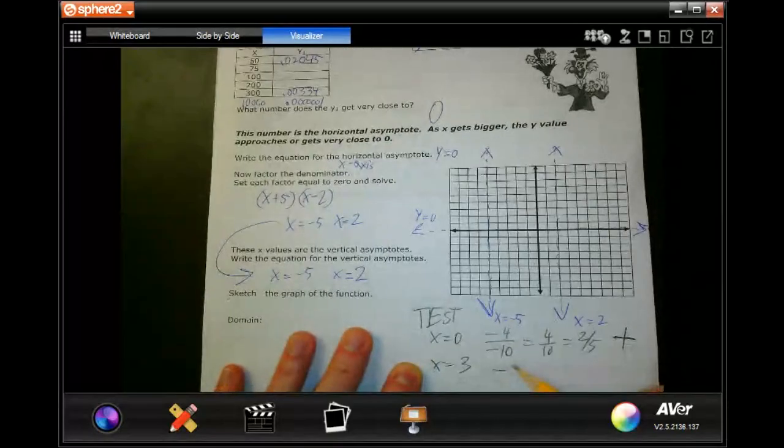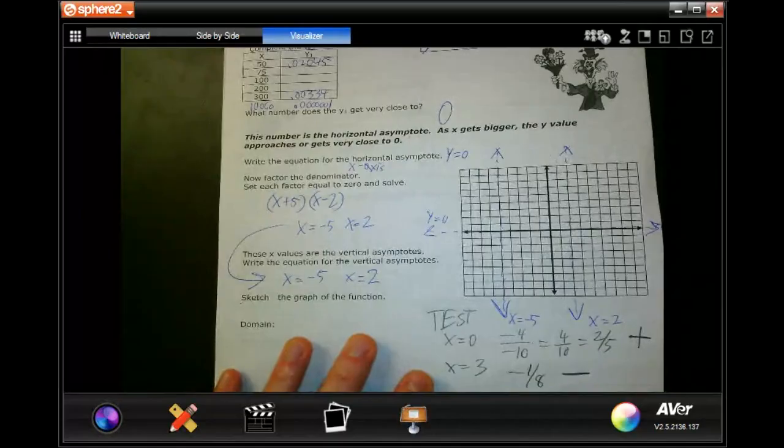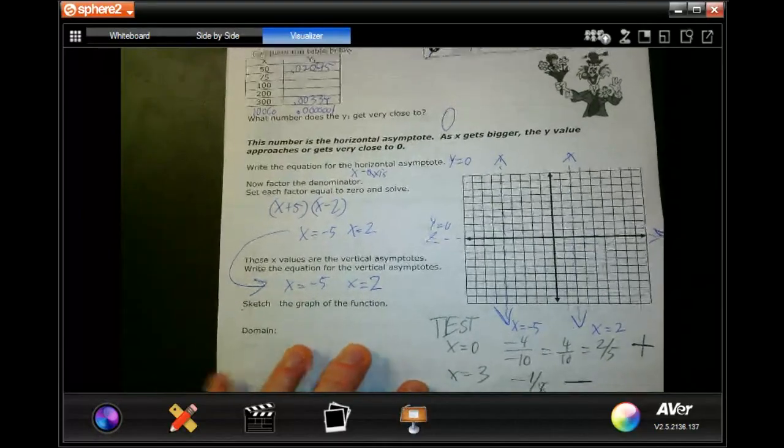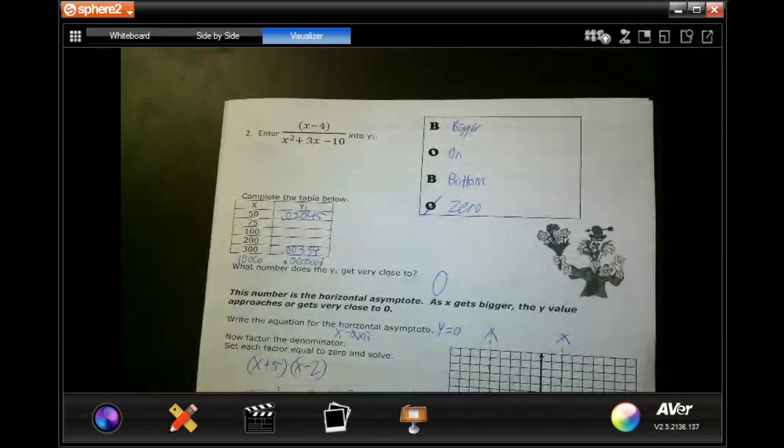Good, and that's negative 1/8. So we have a negative right here. Negative 6 is going to be a little tough to put in.